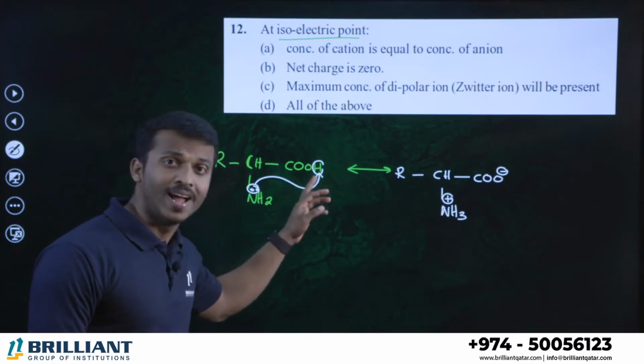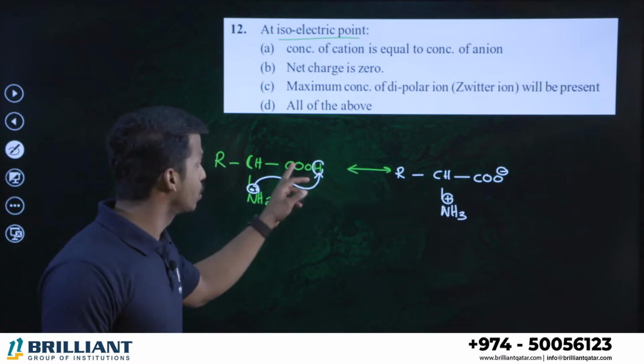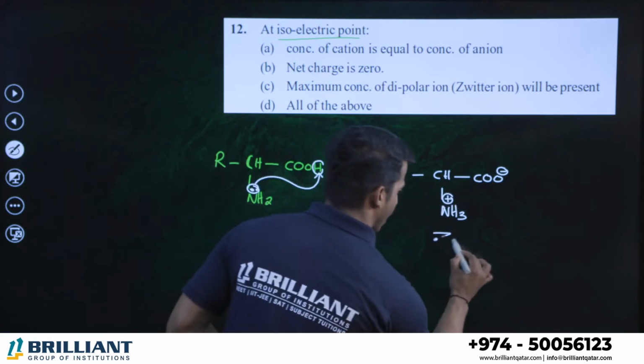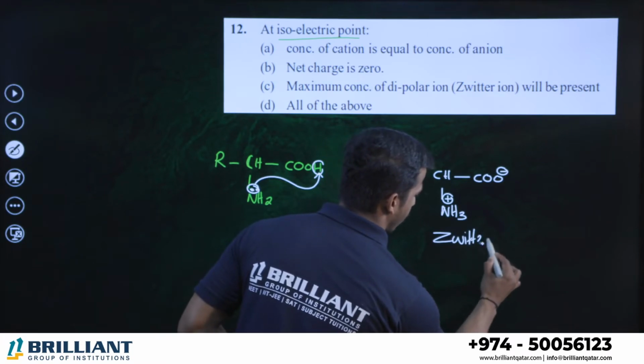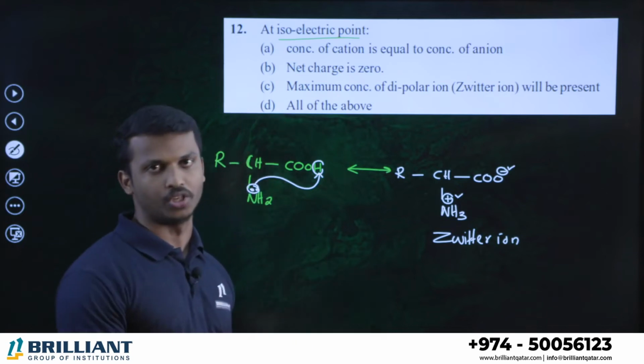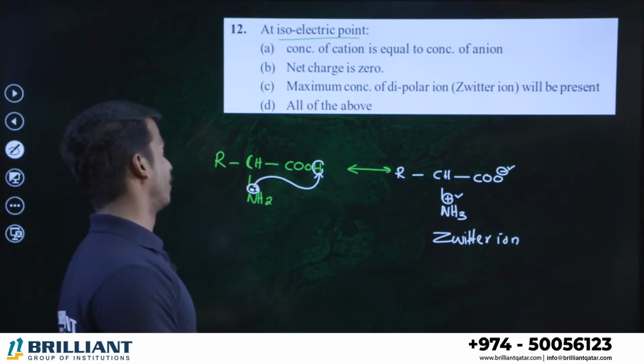Because from this side, hydrogen is leaving as H plus, so the oxygen carries a negative charge. This is called what? Zwitter ion, right? What is a Zwitter ion? A species having both positive and negative charge. A dipolar species is called Zwitter ion.